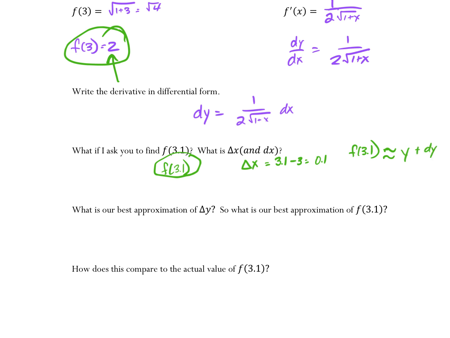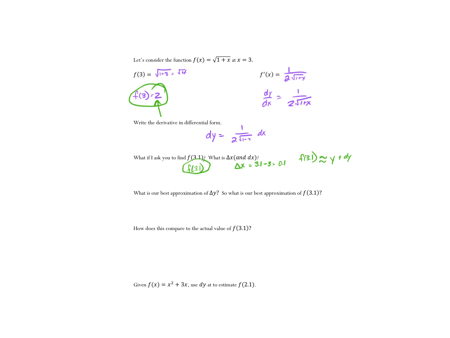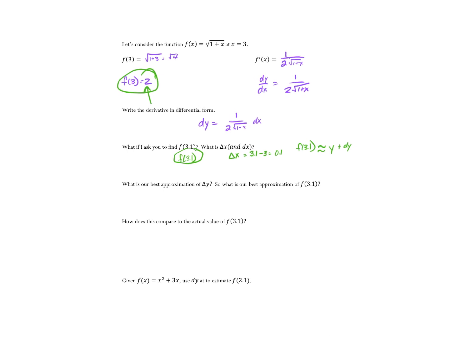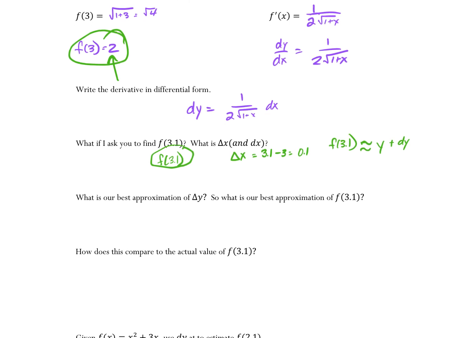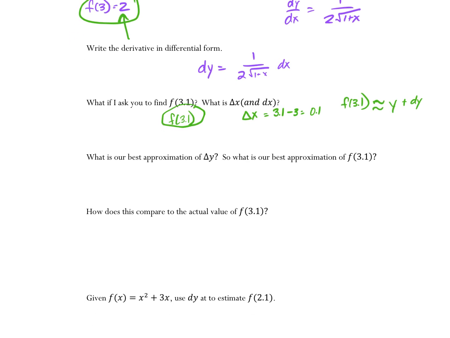If I go back to this picture, our best approximation of delta y is dy, and we can figure out dy from the differential form of our derivative.